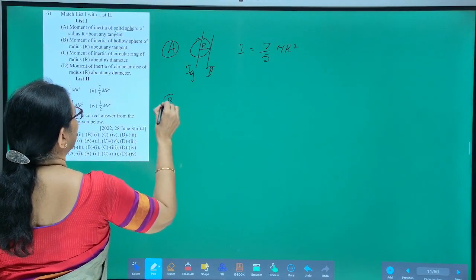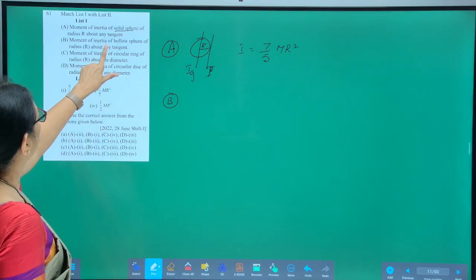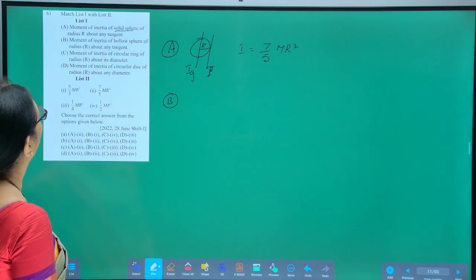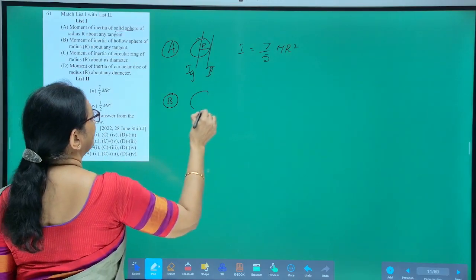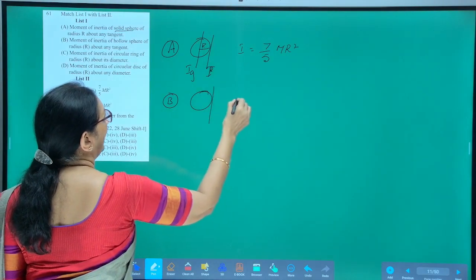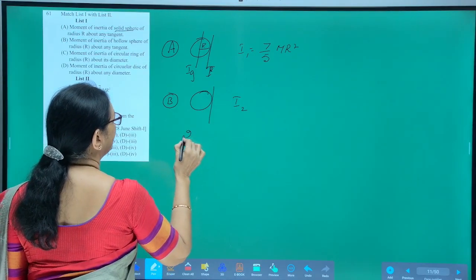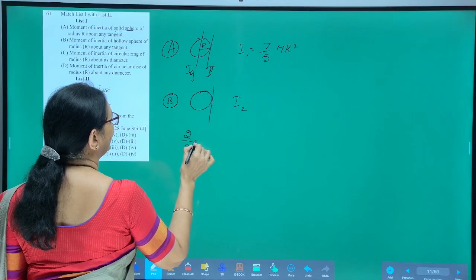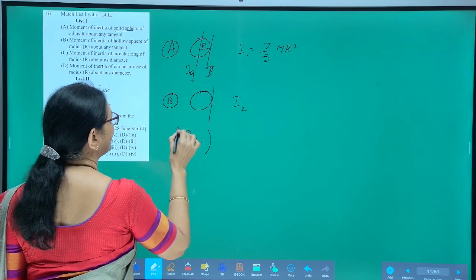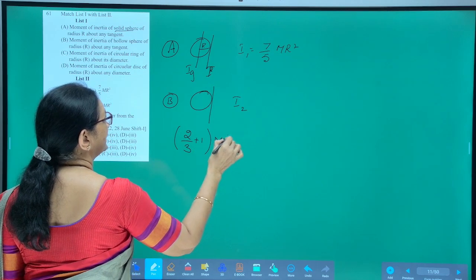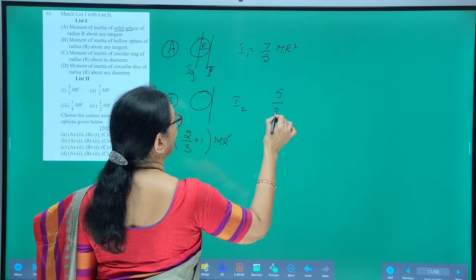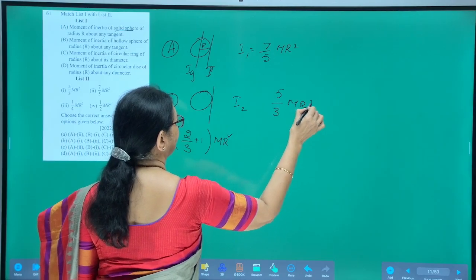And the next one given is the moment of inertia of a hollow sphere about any tangent. This is a hollow sphere, 2 by 3 mr square plus mr square. So, it is 5 by 3 mr square.